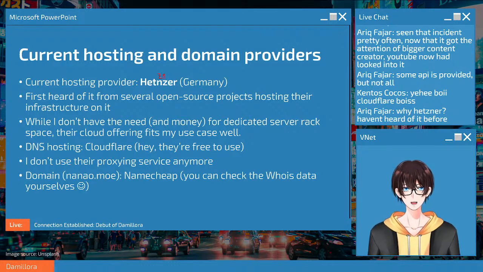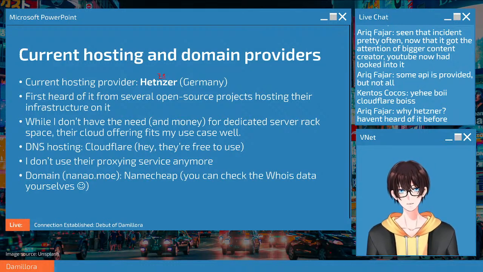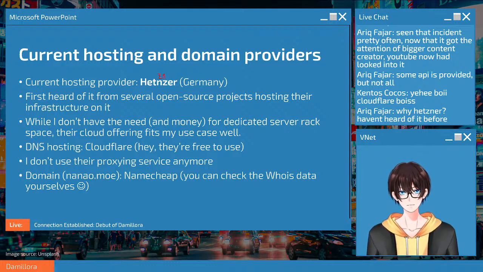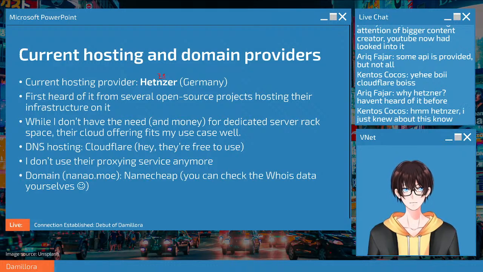Why Hetzner? Haven't heard of it before. Yeah, the main reason is actually price, because it's 4 times cheaper than the usual cloud providers. For example, DigitalOcean usually provides 1 GB of RAM for their $5 offering, right?